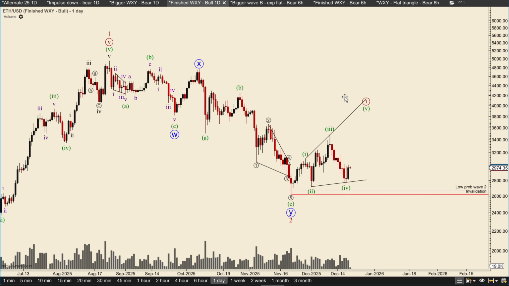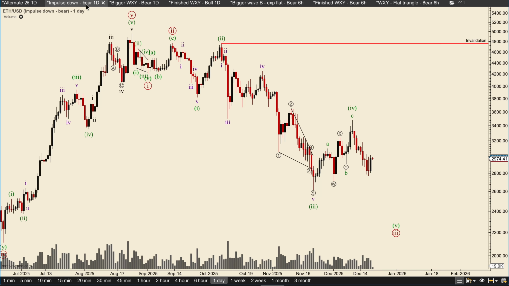And a leading diagonal is the least probable scenario, and an expanding one is also the most rare. So is it over for the bulls? No. But by default, if this is the only possible scenario that the bulls have, the bears win by default.